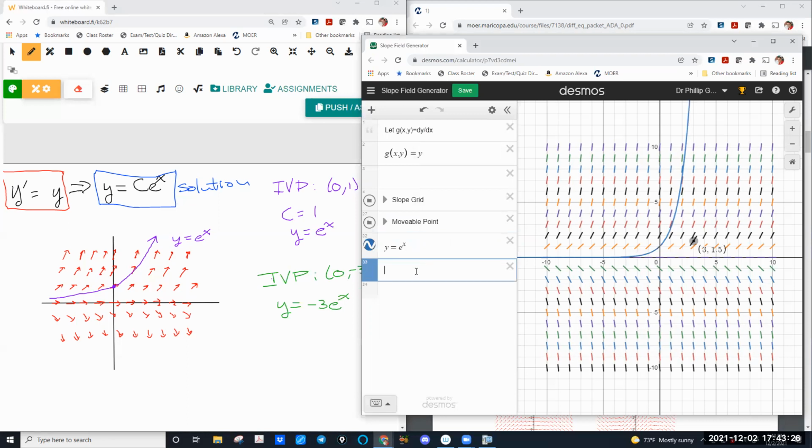What that -3 does, we know this from algebra, that reflects it over the x-axis. So these are two unique solutions for our two initial conditions. And that's how the solution relates to the differential equation graphically. It is the graph that goes through our differential equation.